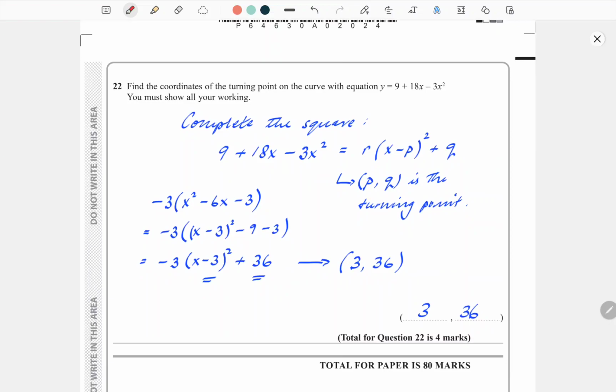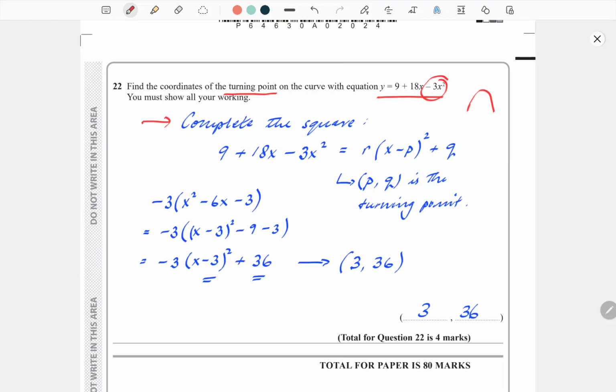Finally, last question. Find the coordinates of the turning point on the curve with equation that, so it's a quadratic. It's a negative quadratic, watch out. So the shape is one of those upturned U, all right? And in order to find the turning point, we use completing the square.